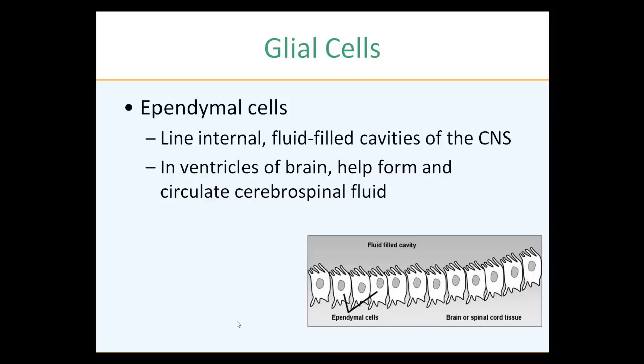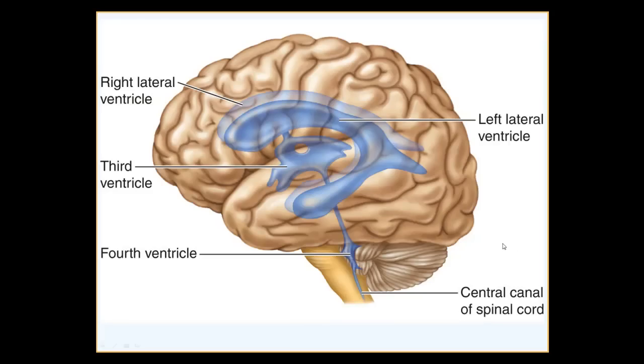How do they help in circulating the cerebrospinal fluid? Because they are ciliated, the motion of those cilia will help in the circulation. They make pulsating movements inside the cerebrospinal fluid, and that allows better circulation of the cerebrospinal fluid.